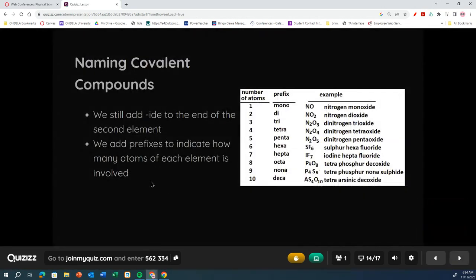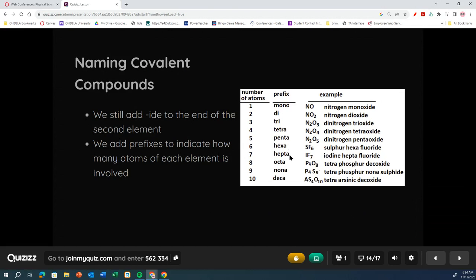So let's go name covalent compounds. We still add the -ide to the end of the second element. We add prefixes to indicate how many atoms of each element are involved. So mono for 1, di for 2, tri for 3, tetra for 4, penta for 5, very similar to geometry.